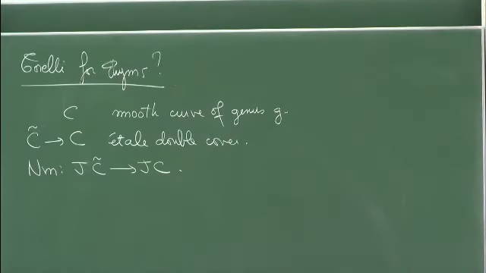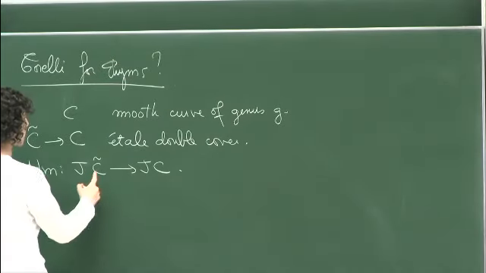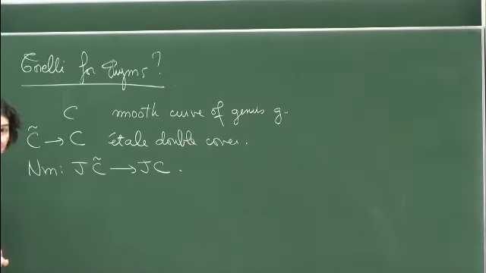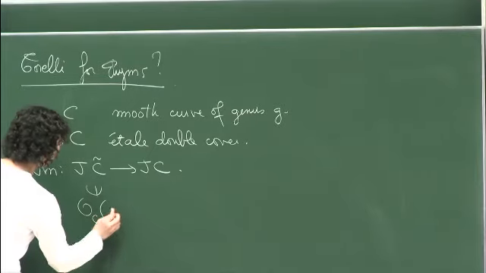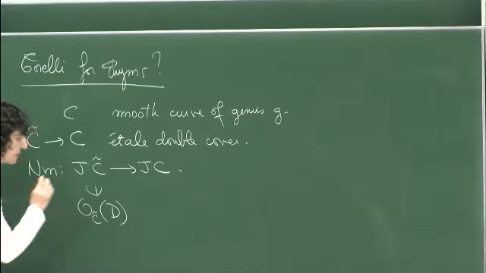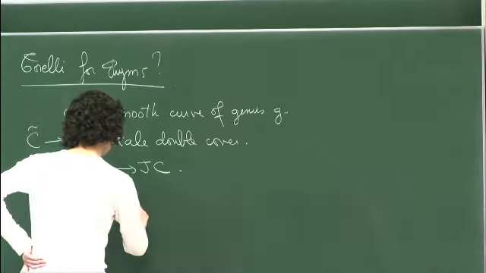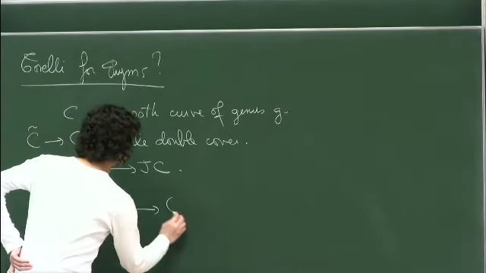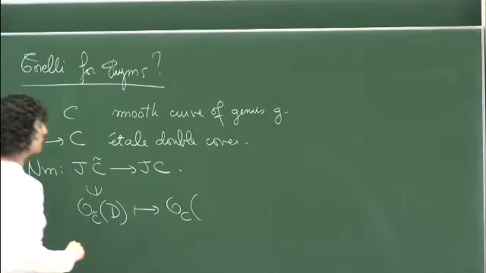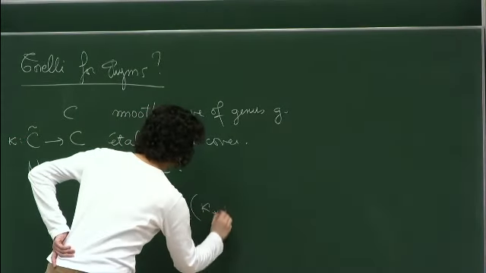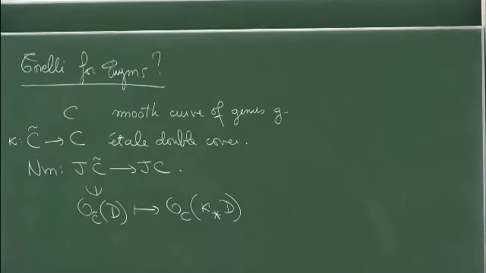The way that the norm map is defined is that you can look at the points as isomorphism classes of invertible sheaves or line bundles, and to those are associated divisors. So if I take something on C tilde associated to a divisor, then I'm going to send it to O_C of κ lower star of the divisor, if I call my cover κ. So that is how the norm map is defined.